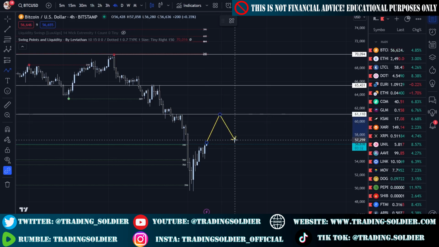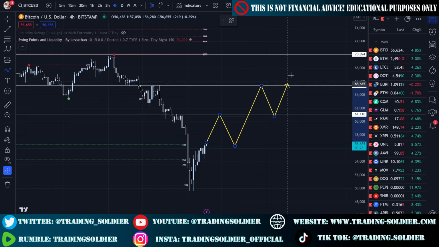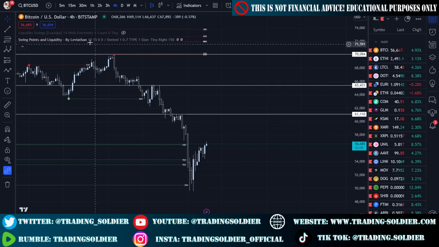So here we can retest these areas, then maybe pierce, then retest, maybe pierce, then retest. Usually it doesn't work this way, but it's to show you that these levels, this last interim high, last swing high, this is the swing high, absolute swing high, interim high, okay? These interim highs and last swing highs usually act as resistance or support.